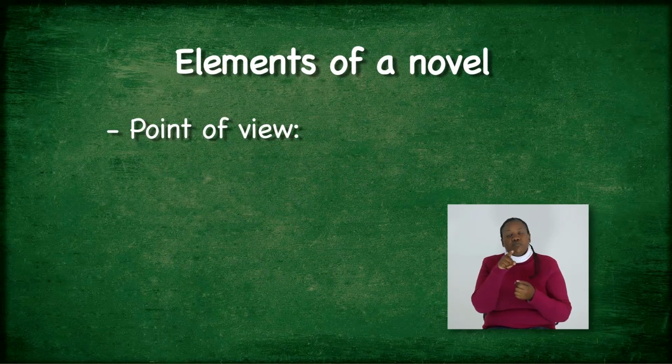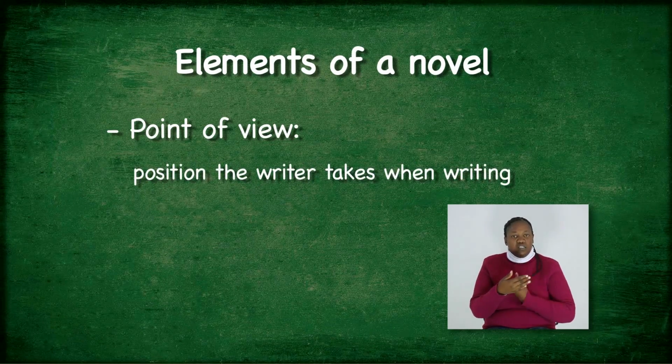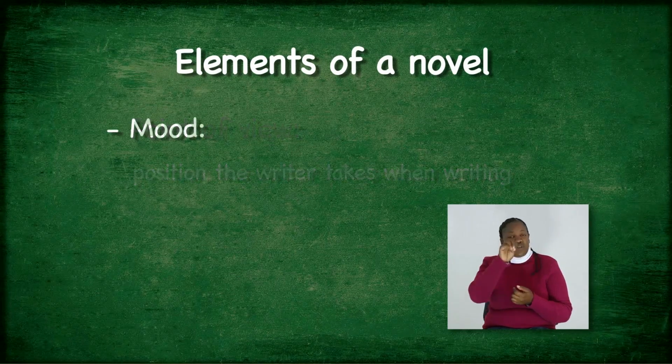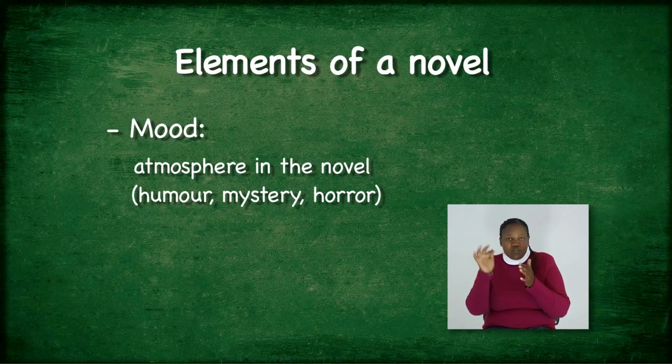The point of view is the position the writer takes when writing. The writer may choose to take the first person I, or the third person he, she, or they. Here we refer to the point of view from which the story is told. The mood is the atmosphere within the novel which the writer paints to capture the interest of the readers, listeners, and viewers by using elements such as humor, mystery, or horror.